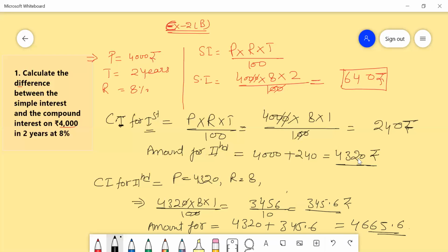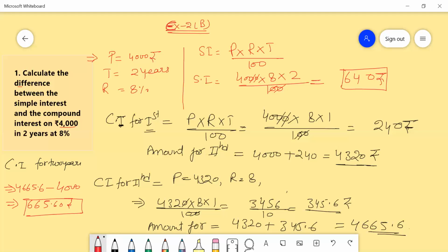Now we have to calculate the compound interest for 2 years. How to calculate? Final amount 4665.6 minus the beginning principal, that is 4000. So when we calculate this, we have 665.60 rupees. This is the compound interest for 2 years.